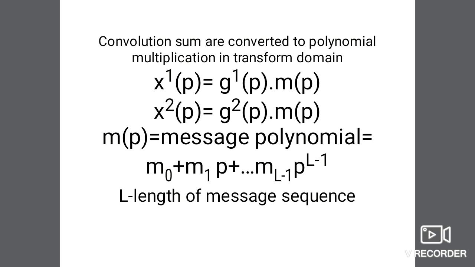In the transform domain, x1(p) is g1(p) multiplied by m(p), the message polynomial, and x2(p) is g2(p) multiplied by m(p), and m(p) is the message polynomial, as used in cyclic code. m(p) is equal to m0 plus m1 multiplied by p plus m2 p square and up to m_(L-1) p power (L-1).